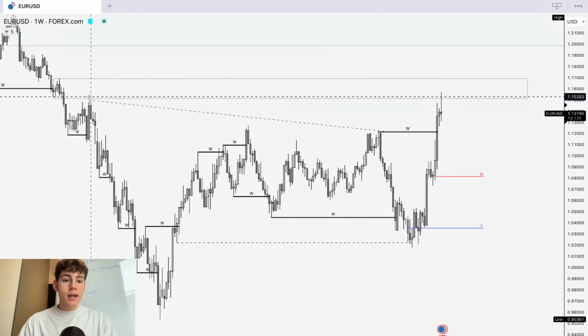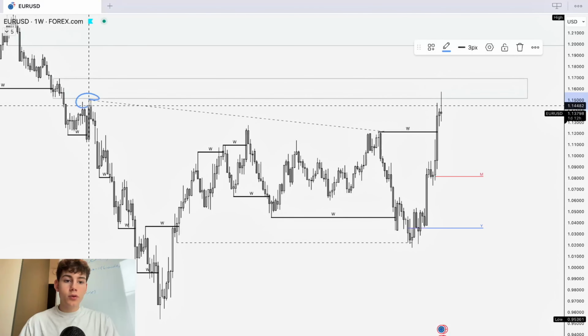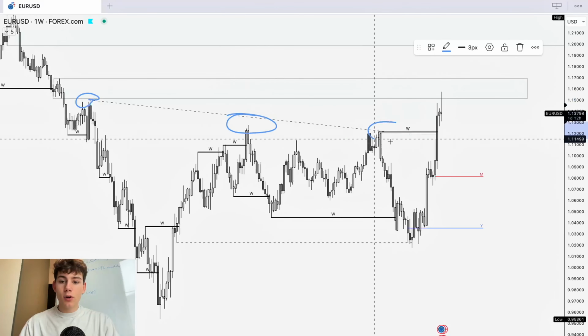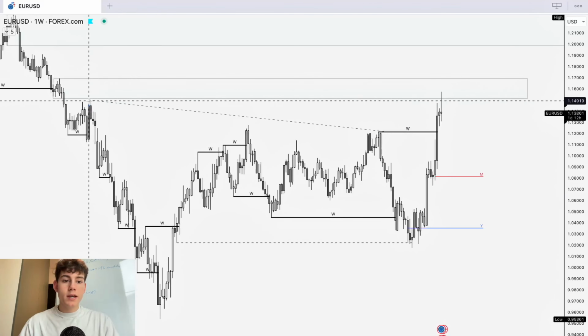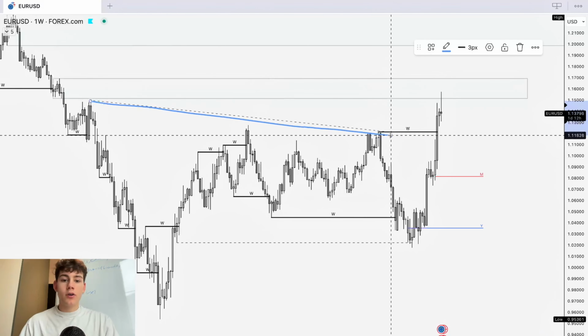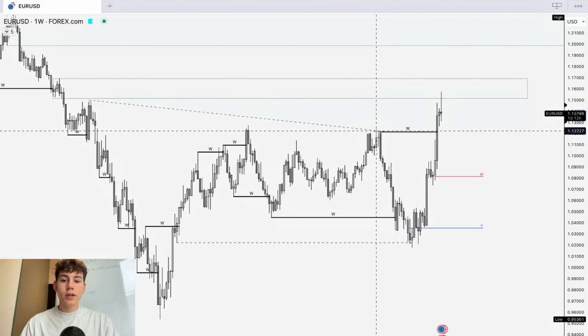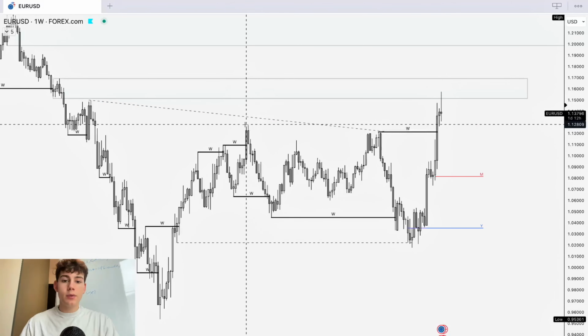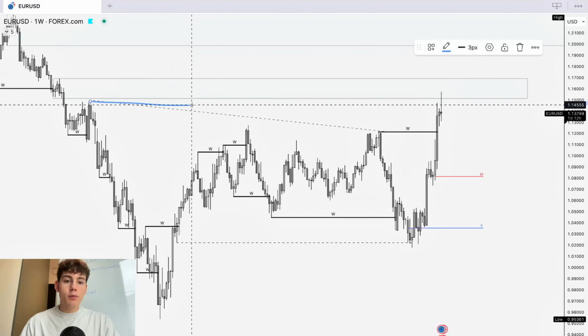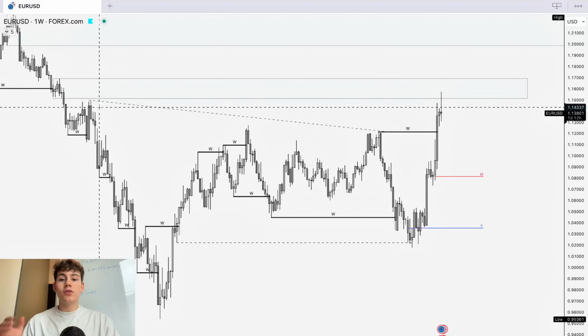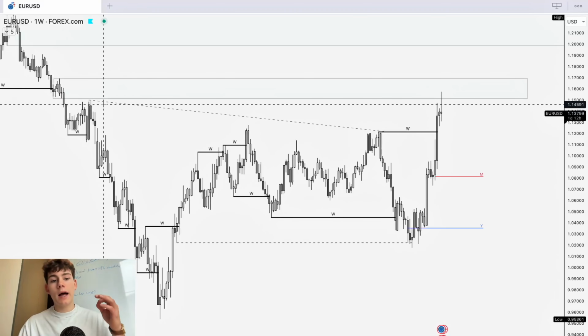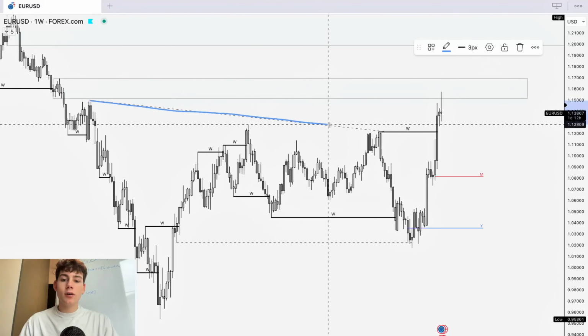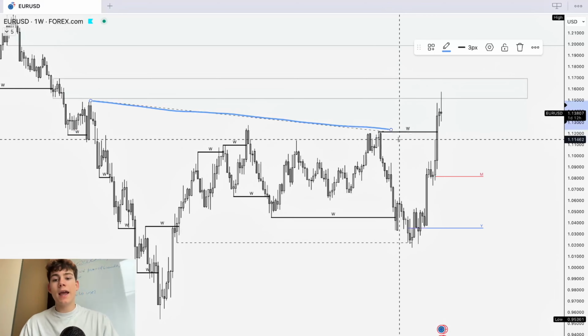Okay, so trendline liquidity is multiple of those highs stacked close to each other. So these three highs over here are stacked close to each other. You can see we have our first one, then a little bit higher we have the second one, and then even higher we have the third one. So it's not always 3, it can be 4, 5, 6. It's just multiple highs stacked close to each other, and this forms trendline liquidity.